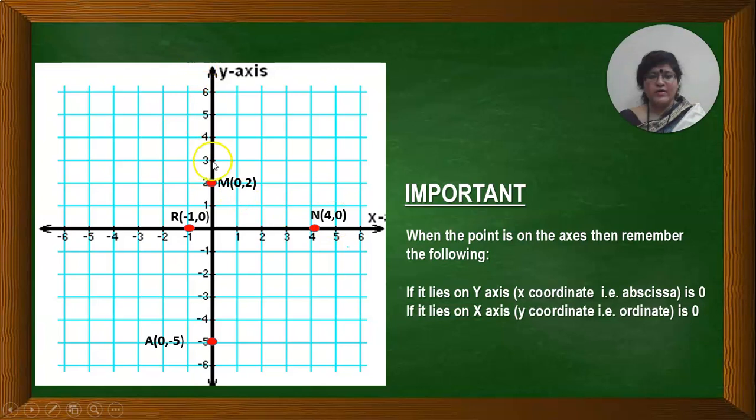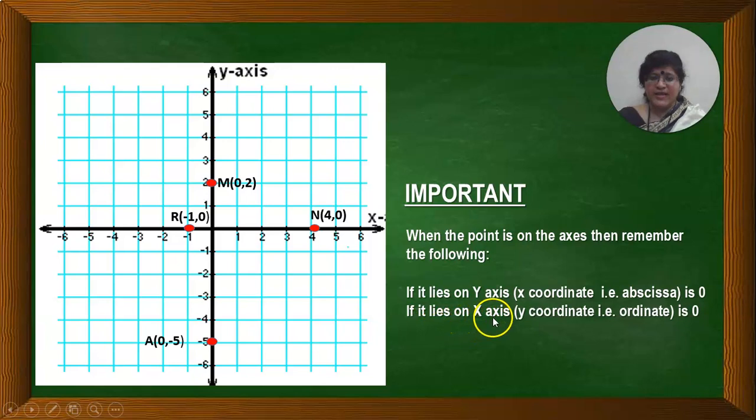When the points are on either of the axes, what will be their coordinates? Look at these points M, N, A and R. All these points are lying on the axis. When the points lie on the axis, it means they are not lying on any of the quadrants. Okay, so N, its coordinates are 4, 0. So when I say that the coordinate of N is 4, 0, you should know that it lies on x-axis.